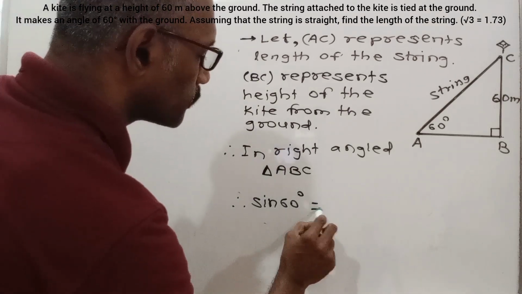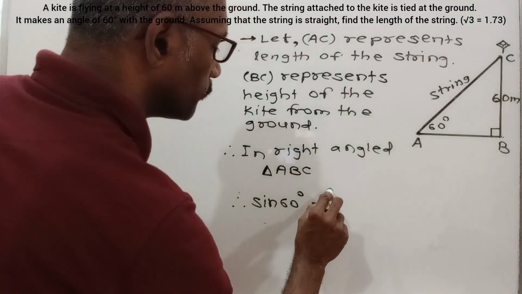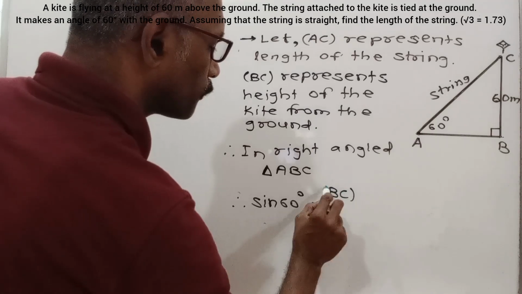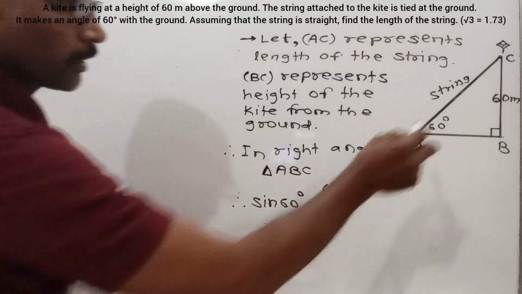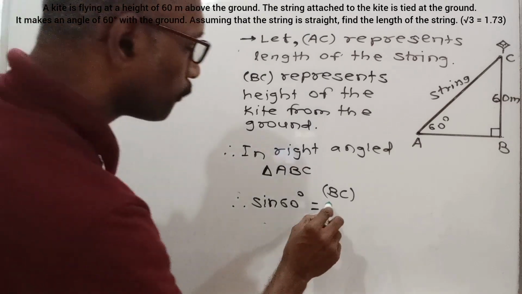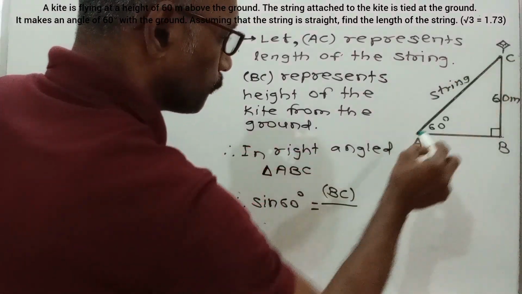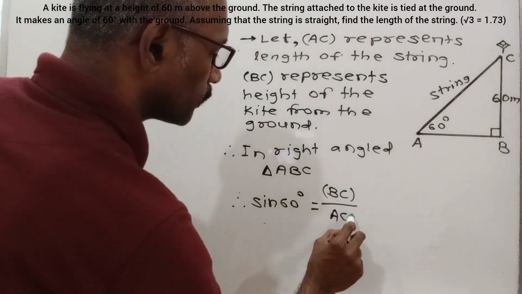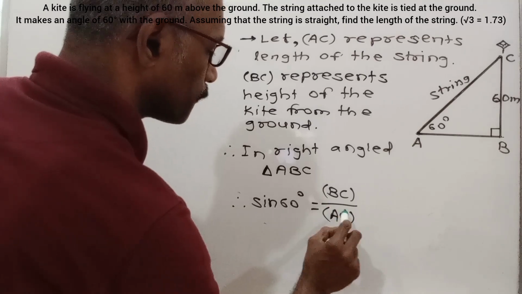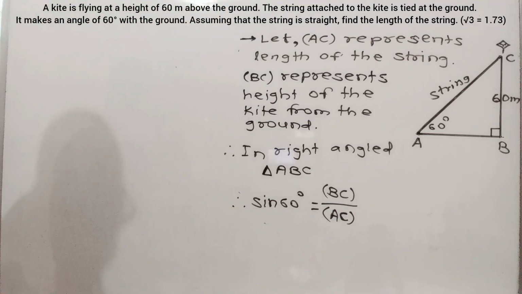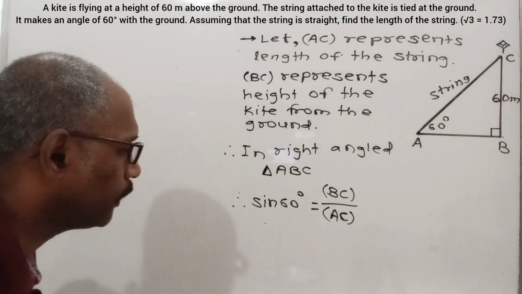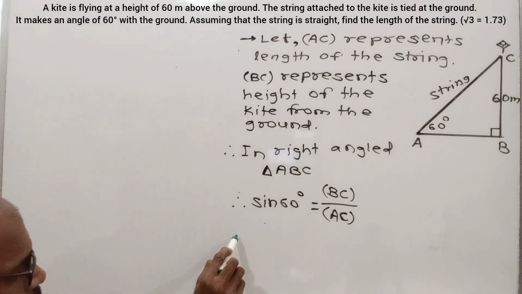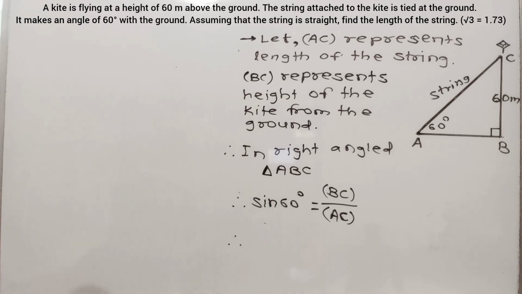Sine 60 degree is equal to the opposite side of 60 degree, that is BC, upon hypotenuse. Hypotenuse is our AC. That is the length of the string. Did you get it? Now we use the value of sine 60.